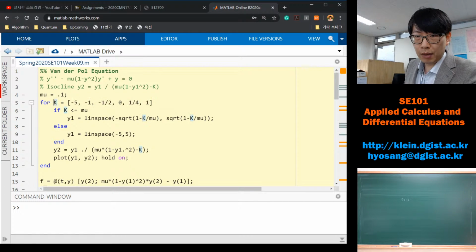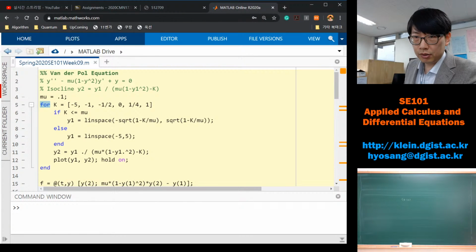It simply means that I'm taking k from each entry of this array, because I use this equation in the for loop. So whenever it iterates this for loop, the k variable changes from -5, -1, -1 over 2, and so on. First of all, when this for loop works the first time, k is -5.